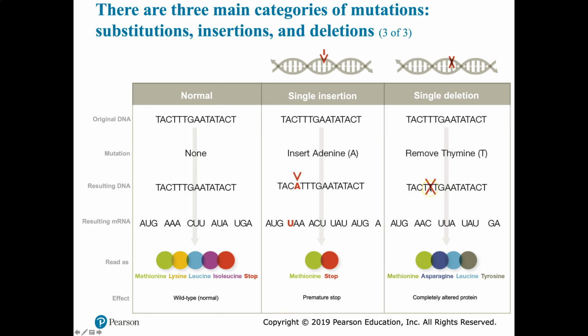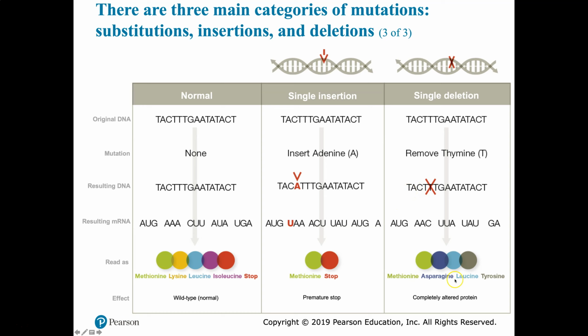In this case on the right, it's deleting a single nucleotide. So what will happen is everything to the right of that deletion will shift to the left that number of spots. So we deleted this T, and everything to the right of it shifts to the left one spot. So now when we read it, it is very different than the original sequence.